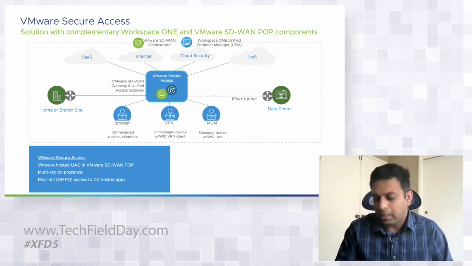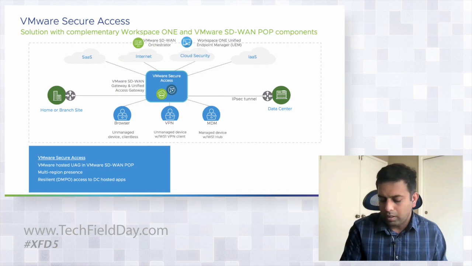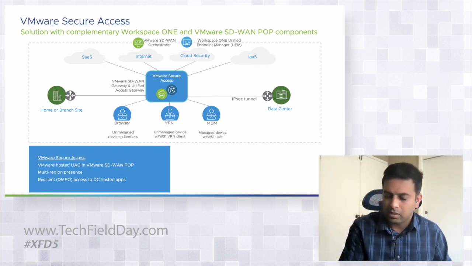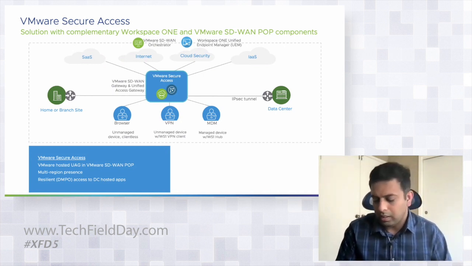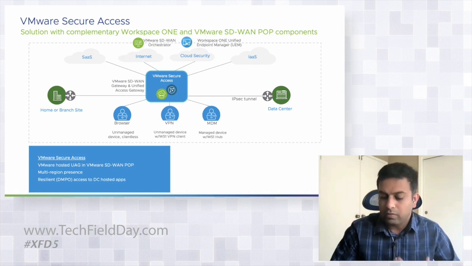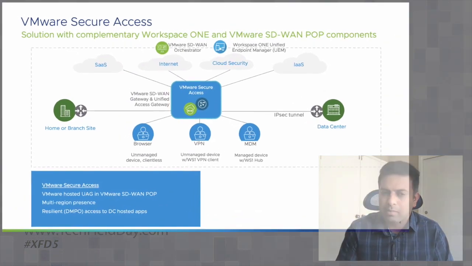And the advantage of that is, depending on the number of users, for example, an enterprise has a conference in a particular location, and all of a sudden they have 10,000, 20,000 users connecting to their applications from a single location, the infrastructure enables the service to automatically scale up and down based on the demand, right?